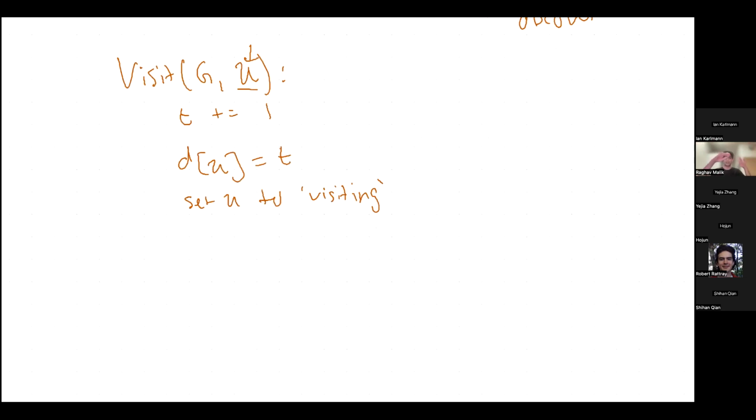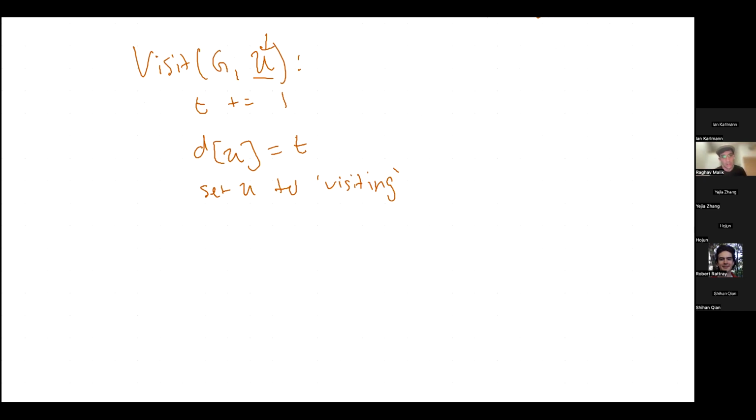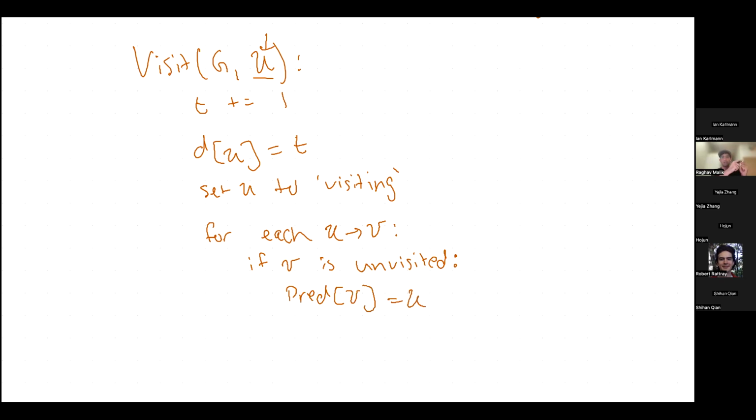So we're not done with it yet because it still might have a bunch of children before we backtrack all the way back to U. So we mark it as visiting, and for each V that U has an edge to, if V is unvisited, the predecessor of V is U. This makes sense.